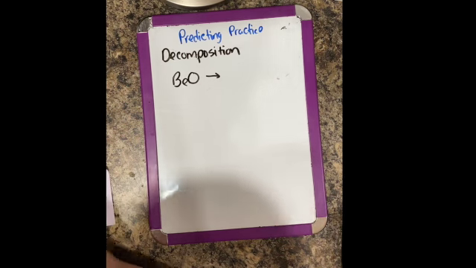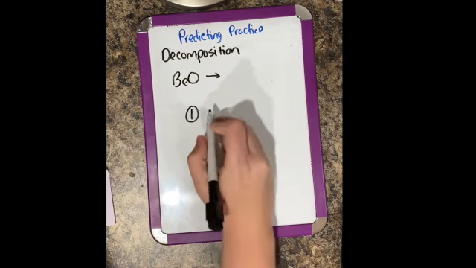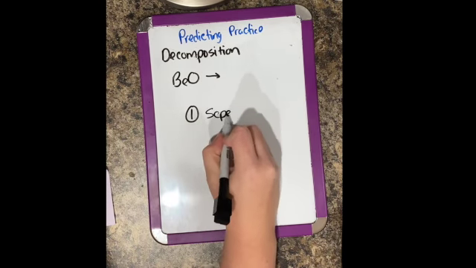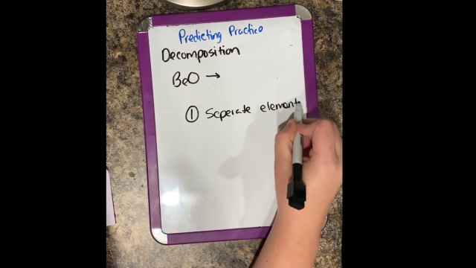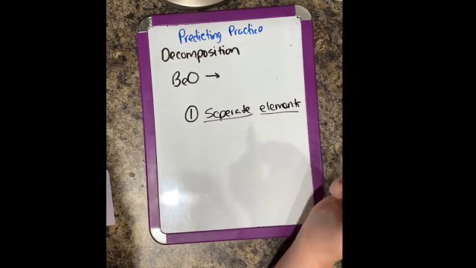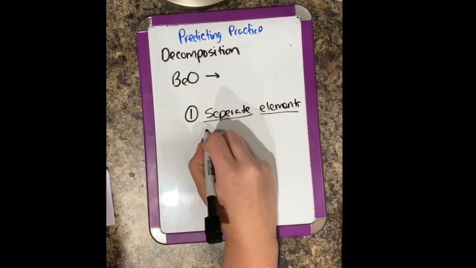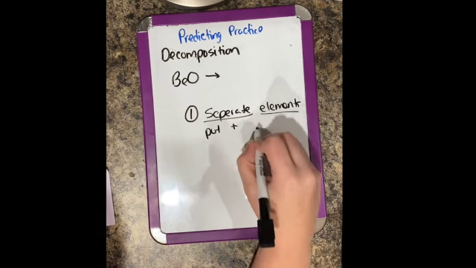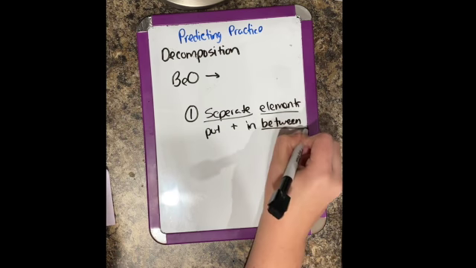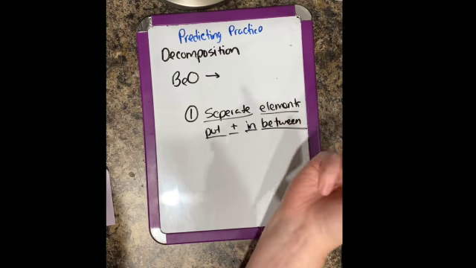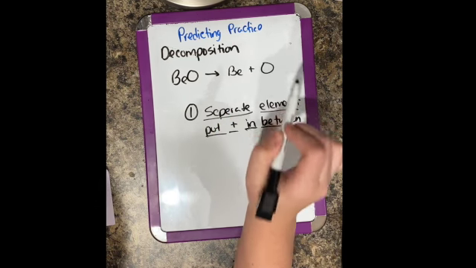This one's a little bit easier to predict. Step 1, separate elements, and then you put a plus sign in between. So we would put Be plus O.